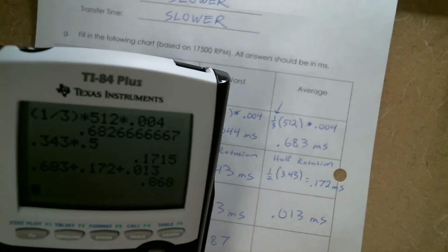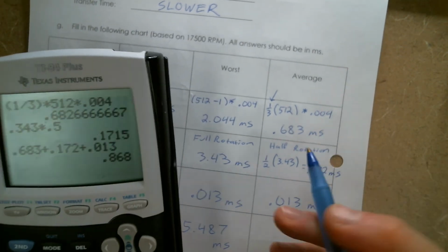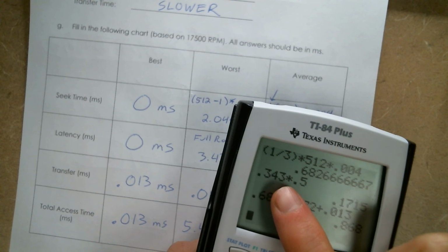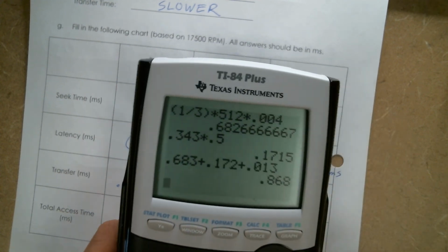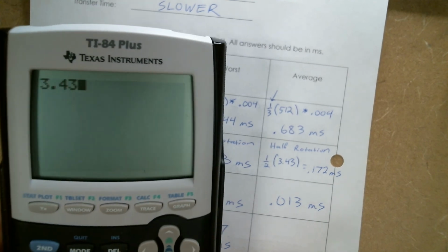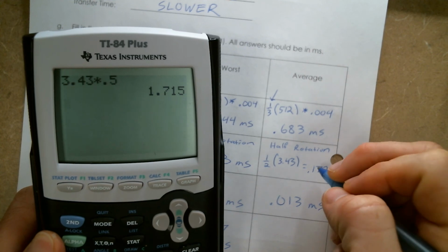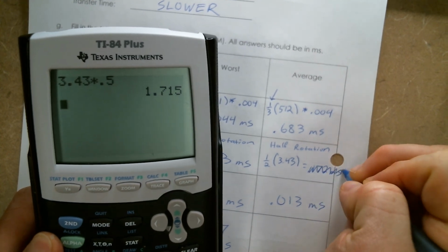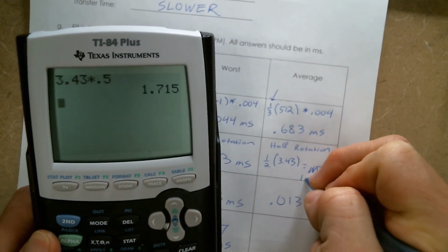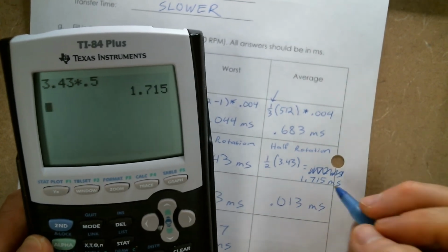Wait a second. I apologize. When I typed this into the calculator, I typed in 0.343 instead of 3.43. So that's why that answer doesn't make any sense. So 3.43 times 0.5 is 1.715. So I apologize for that. Let's just write 1.715 milliseconds.